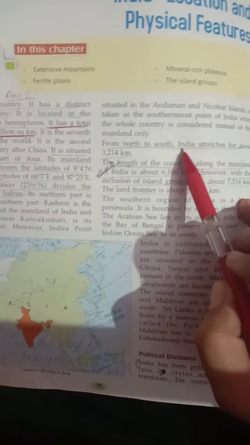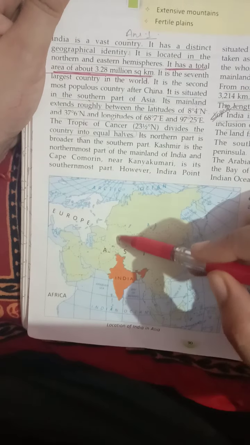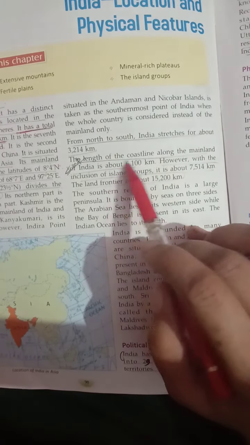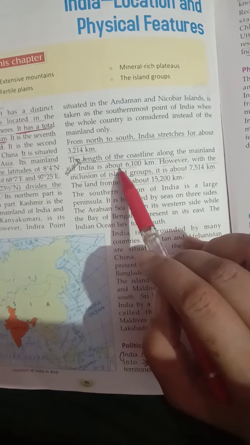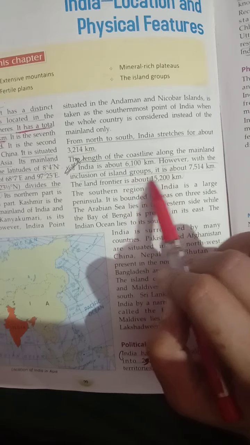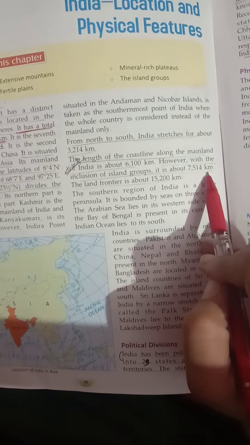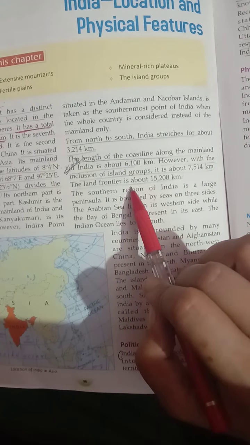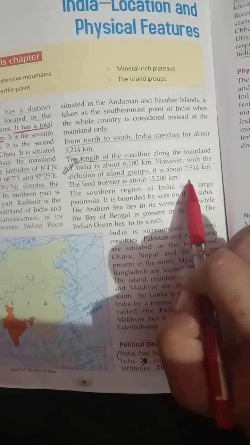North-south extent is 3,214 kilometer, and the length of the coastline of India is about 6,100 kilometer, and including island groups 7,514 kilometer. The land frontier is about 15,200 kilometer.